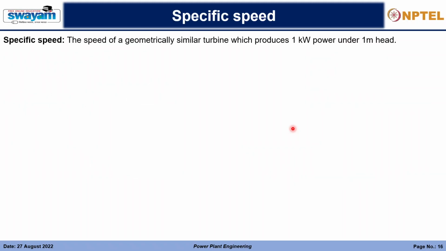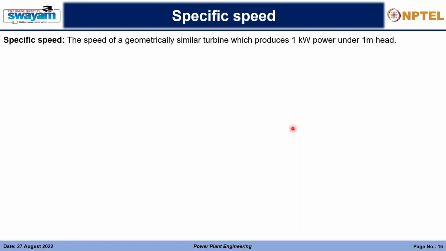Now I want to discuss a very important thing, that is specific speed. Specific speed is basically defined as the speed of a geometrically similar turbine which produces 1 kilowatt power under 1 meter head. Suppose we have a very big turbine and it has a very big head. We cannot directly experiment on that, right?